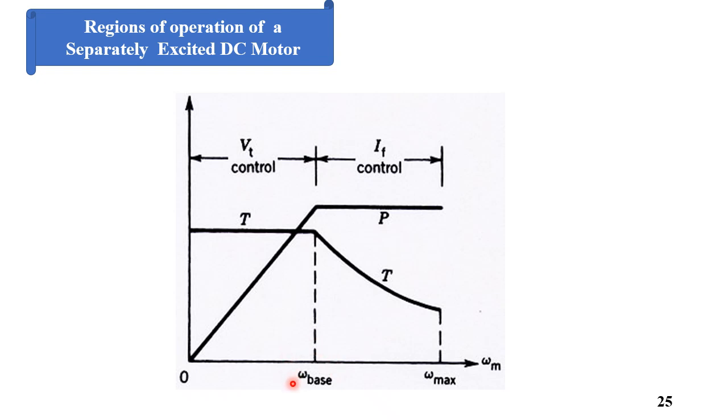If we need to increase the speed above the base speed or rated speed, we have the field control, where we can decrease the flux. We keep the power constant, and keeping the power constant, we have to increase the speed. Then the torque will decrease to keep the power at a constant level up till the maximum speed.